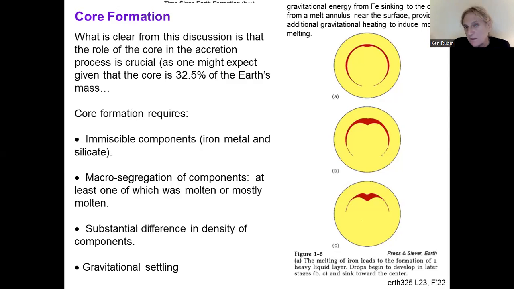Because the metallic material is denser as it forms, perhaps in an annulus or a spherical shell at some depth within the Earth that is hot enough, it then collapses gravitationally towards the center. Perhaps catastrophically, perhaps over time, perhaps repeatedly over time. But as this molten iron coalesces, it flows through the silicate material and strips out the siderophile elements. It pulls some volatile elements with it, and it makes a core of a composition that's most consistent with the kind of core that we have today.